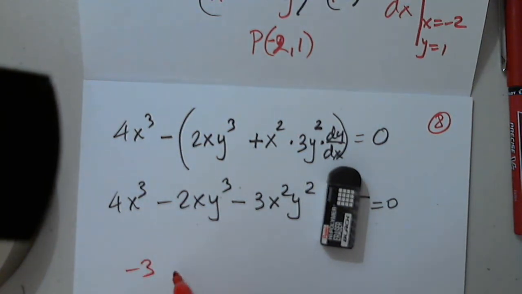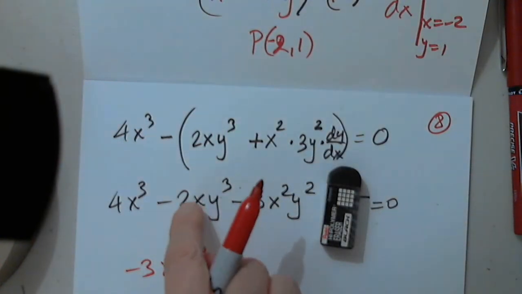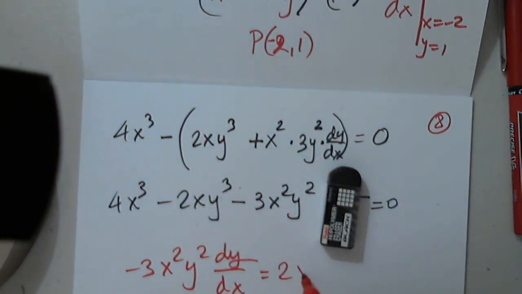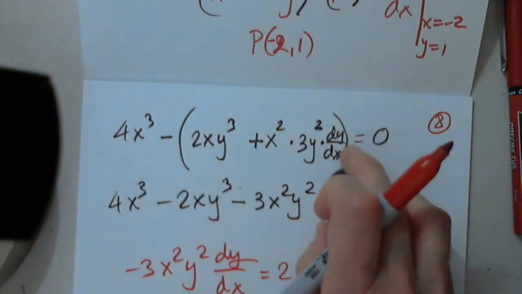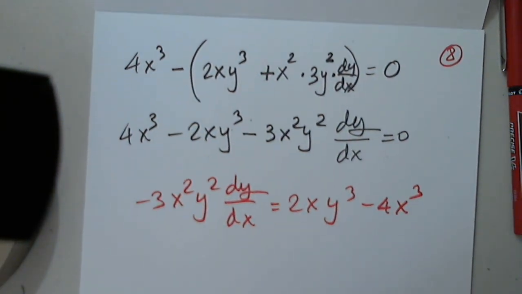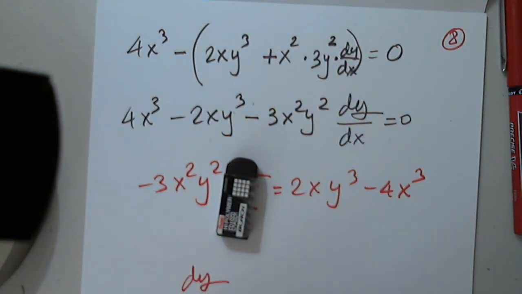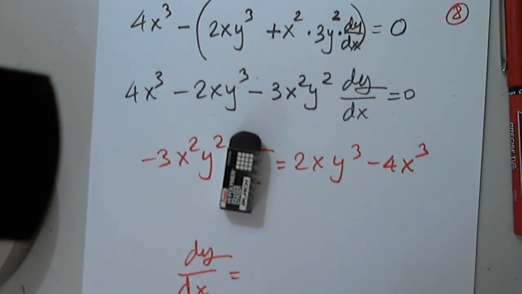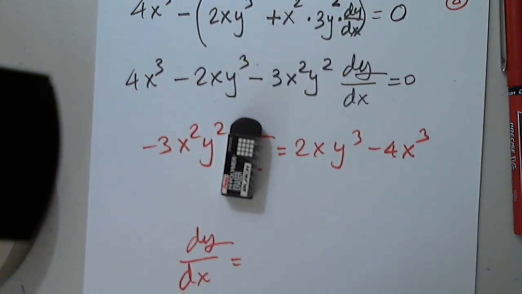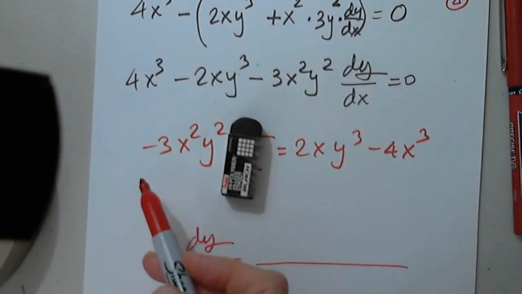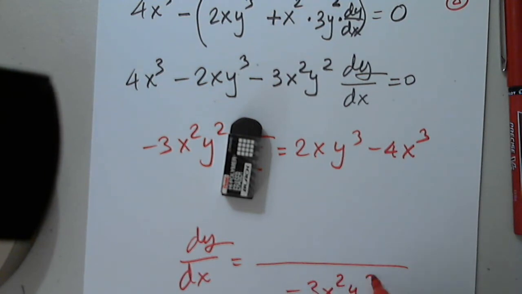So negative 3x squared y squared dy over dx equals, I'll put this one first because it becomes positive. I'll put this one second because it becomes negative. Good. So now can anyone solve for dy over dx for us? Just divide by negative 3x squared y squared. Excellent.